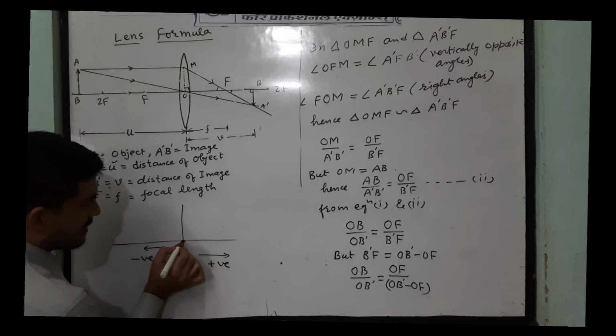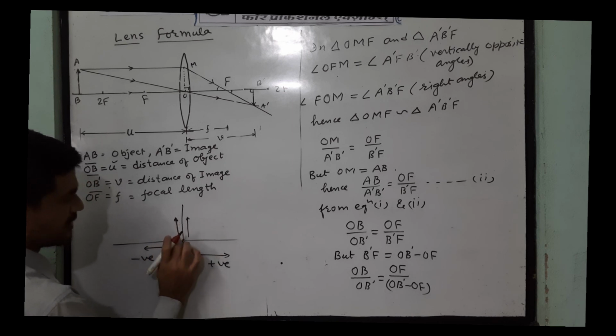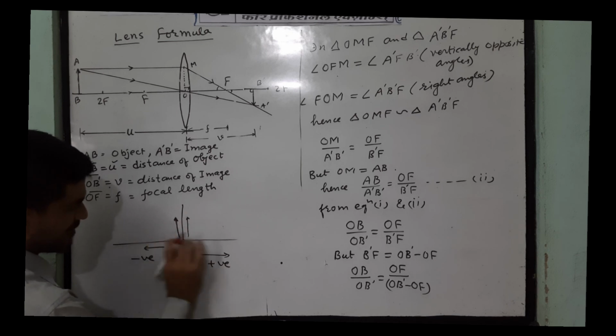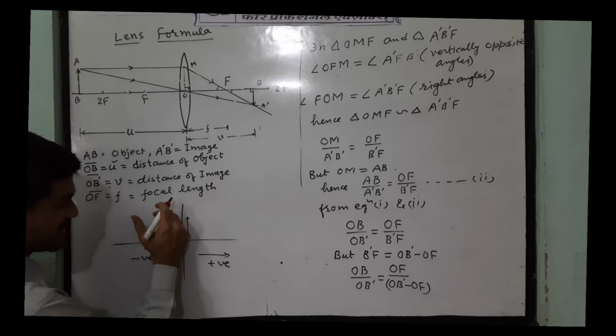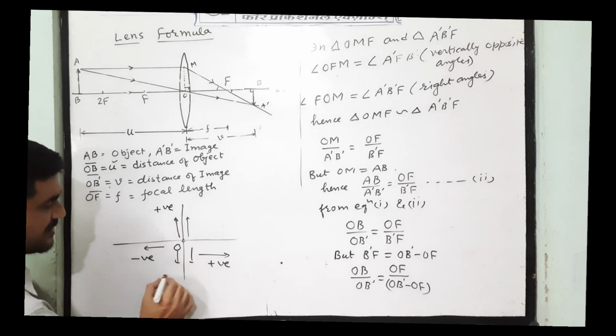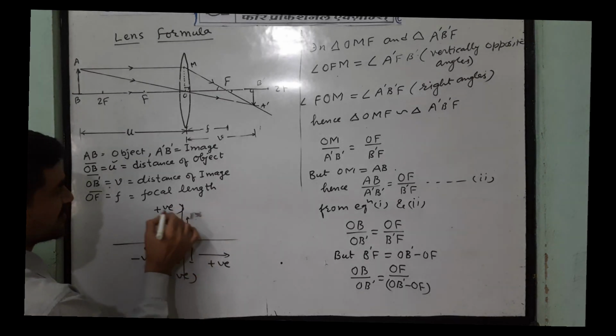Okay, now objects which are above this optical axis, situated above the optical axis, will be considered positive, and the things which are below this will be considered negative, just like coordinate geometry.